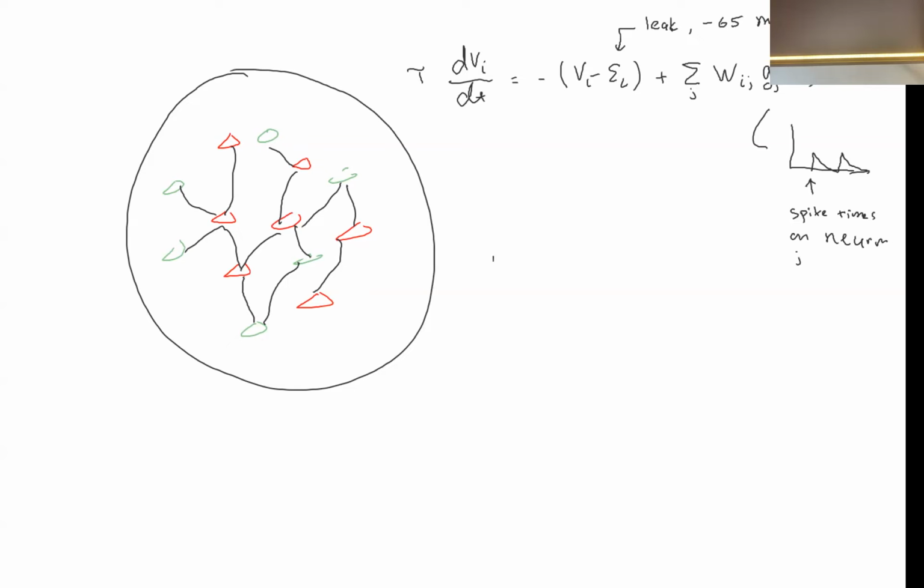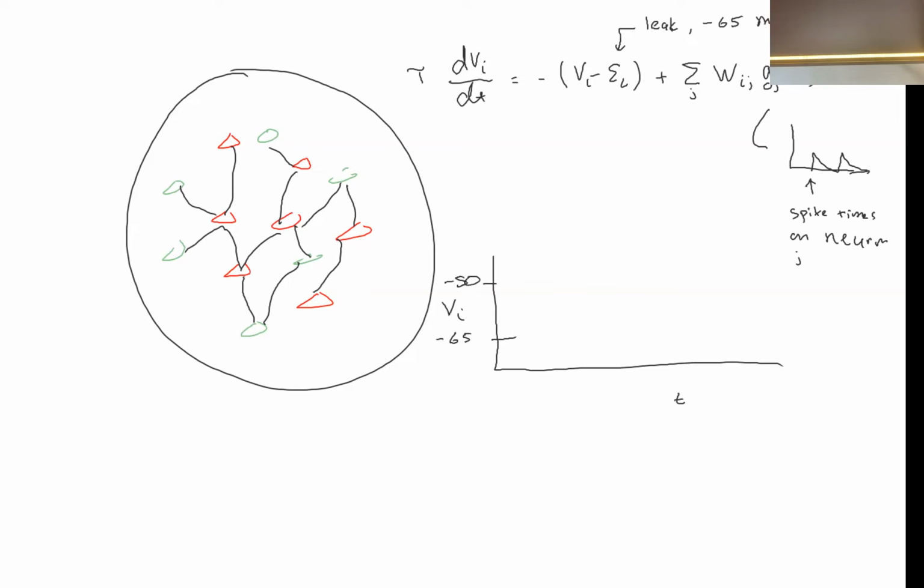And if we looked at membrane potential Vi versus time, this is minus 65 millivolts, and this is about minus 50.